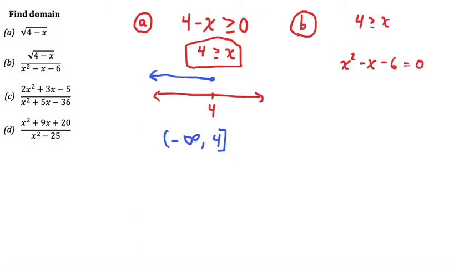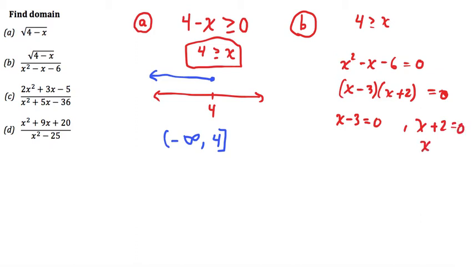And we could see then that we can factor this. This is going to end up being x minus 3, x plus 2 equals 0. So then x minus 3 equals 0, and then x plus 2 equals 0. So when x is equal to negative 2, or x is equal to 3, you have a problem.